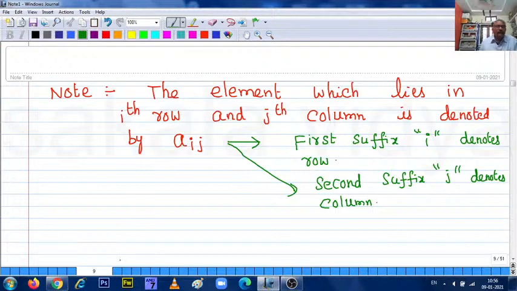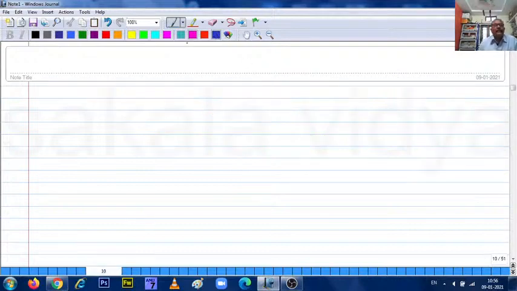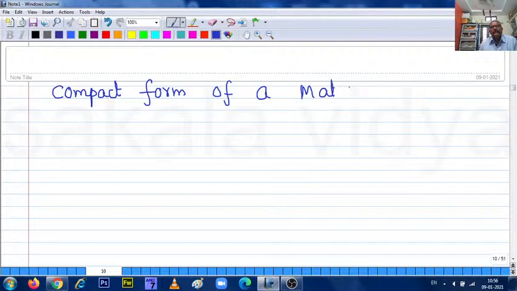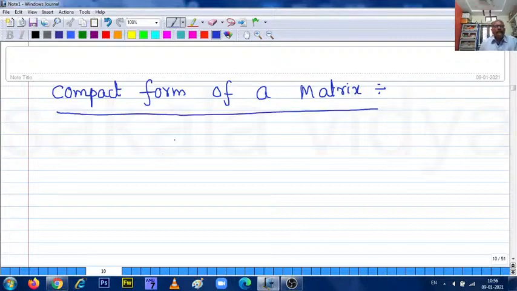So that means now we can write the compact form of a matrix. What is the compact form of a matrix?